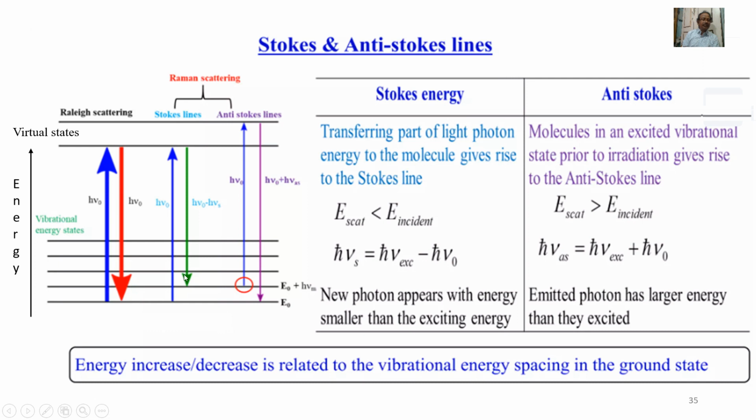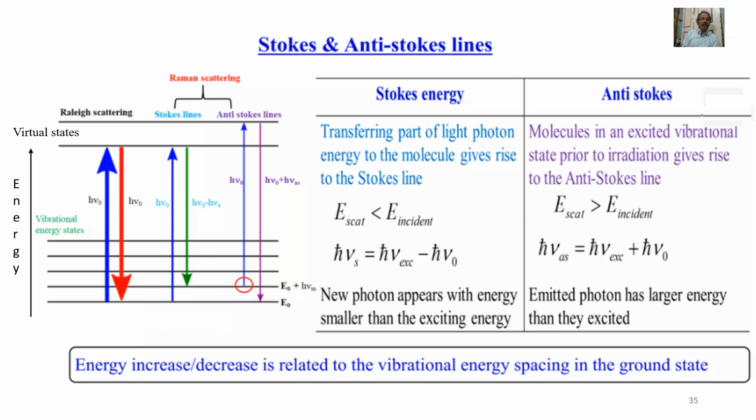But here the energy transfers from the ground state to one of the virtual states, and it comes back not to the ground level, whereas it comes to one of the vibration energy levels. This is known as Stokes line.